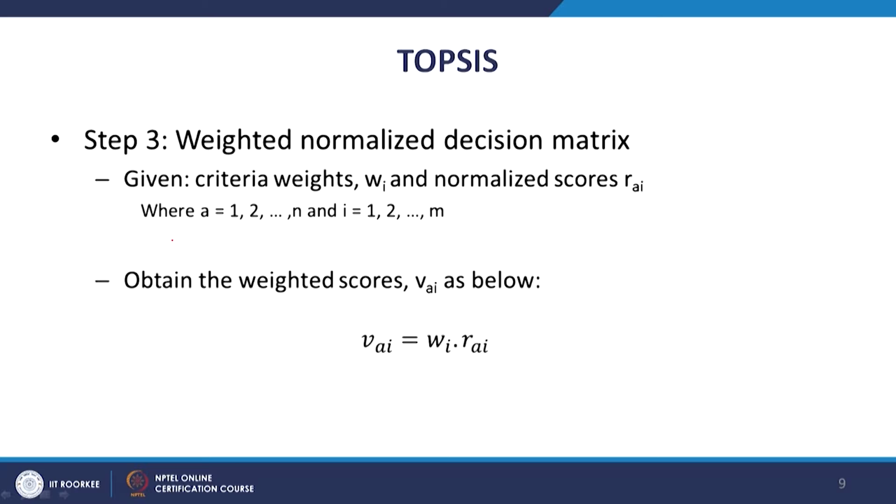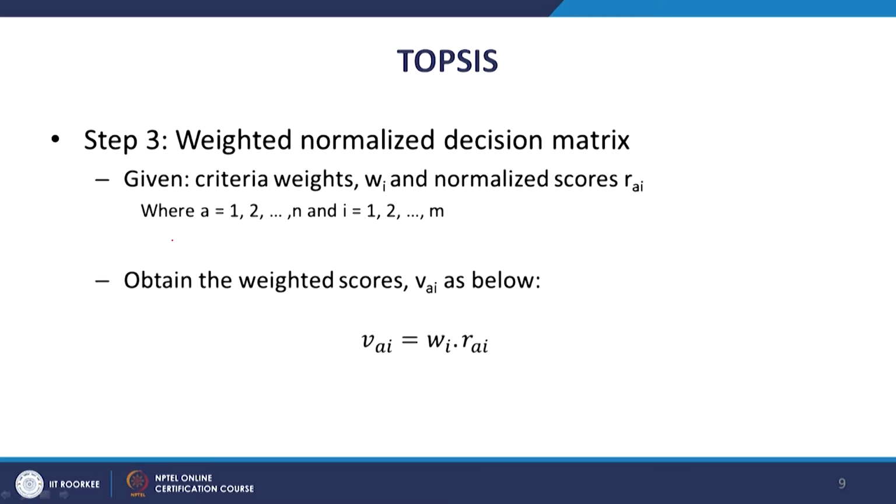So, now we move to step number 3. In the previous step we have already computed the normalized scores. Now, in this step we are going to compute the weighted normalized scores. At the end of this step we will get the weighted normalized decision matrix. So, we have the criteria weights Wi, that are to be provided by the decision makers as subjective inputs for this particular TOPSIS model, and then the normalized scores Rai that we have already computed.